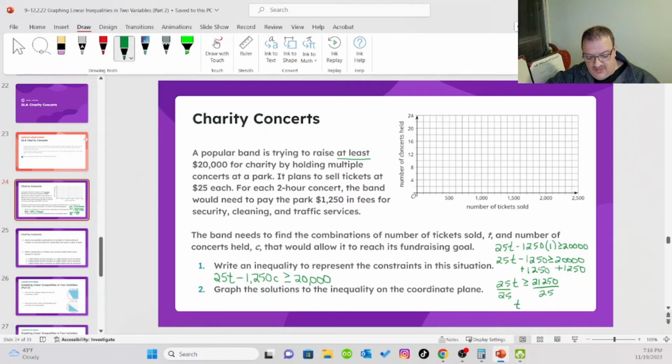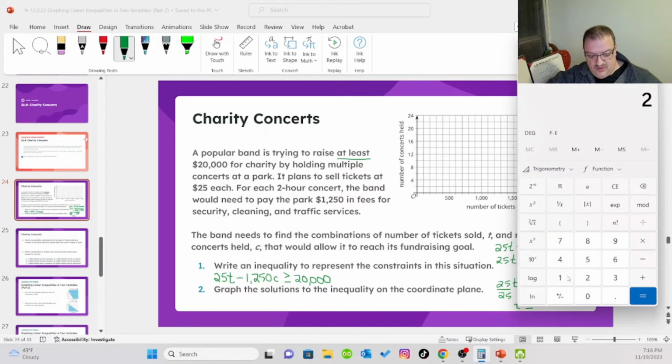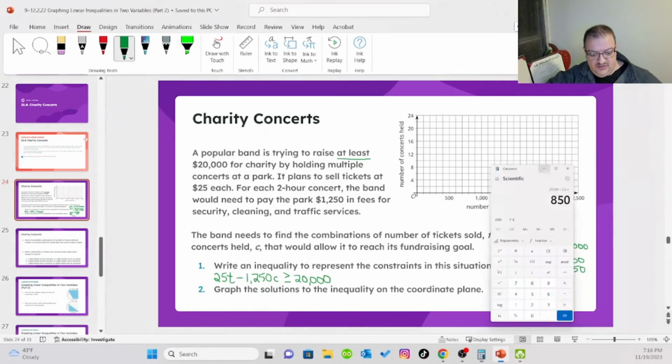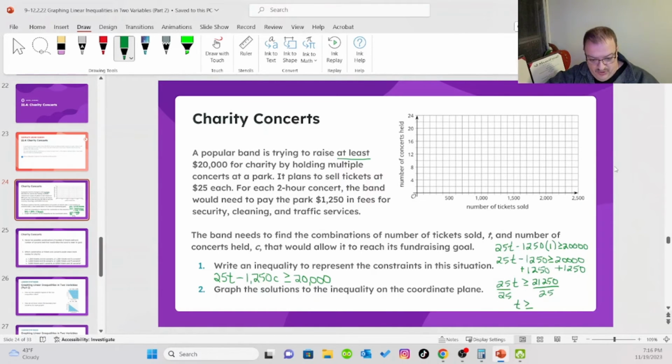The number of tickets would need to be greater than or equal to 850. So I could put my first point right about here.